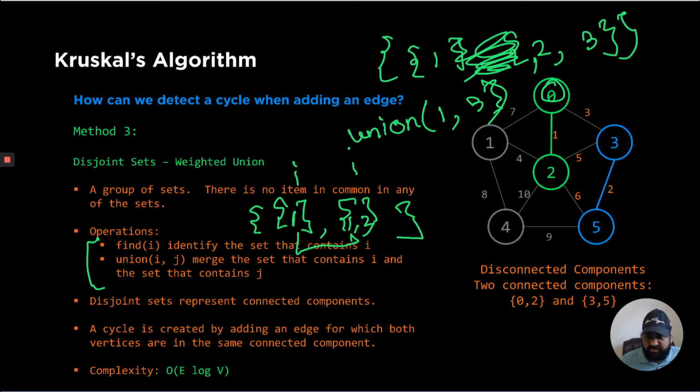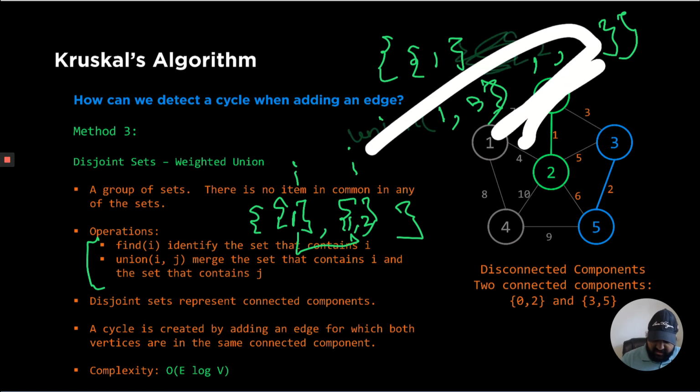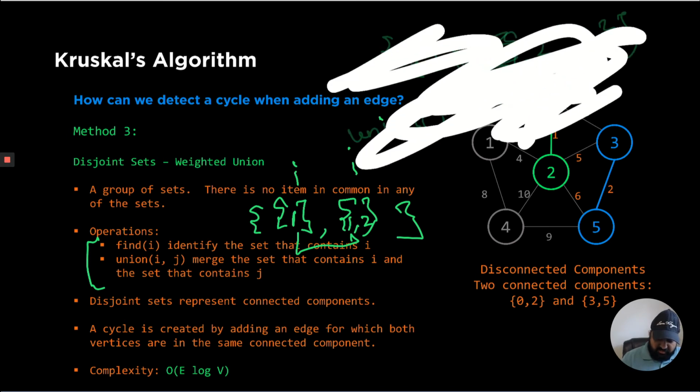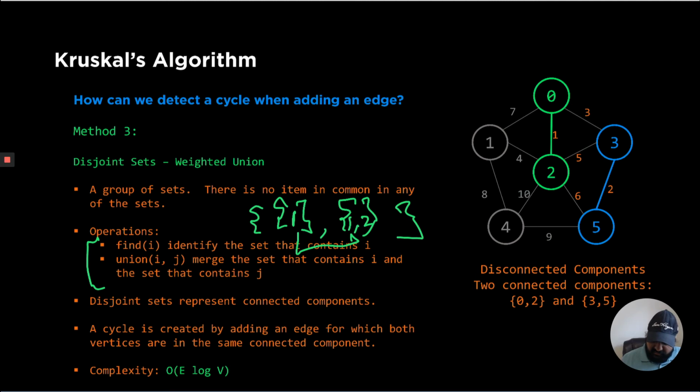So you can represent all the disjoint components. When we were walking through that problem, we saw that there were two disjoint components: 0 2 is one component and 3 5 is another, and each of the disconnected components is represented by one set in the group of sets of the disjoint set data structure.